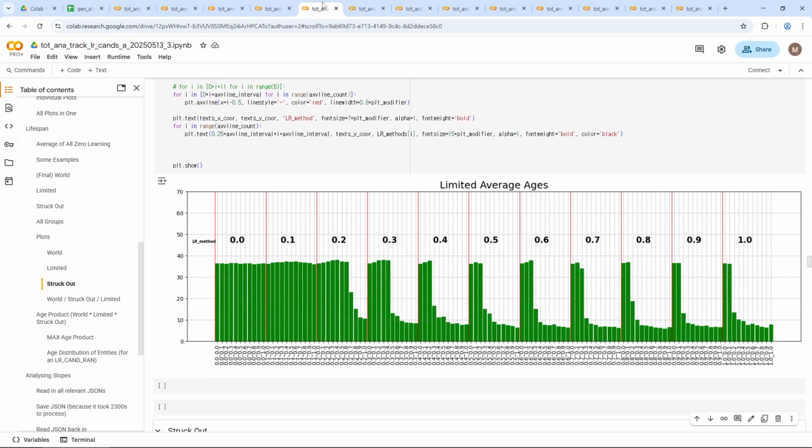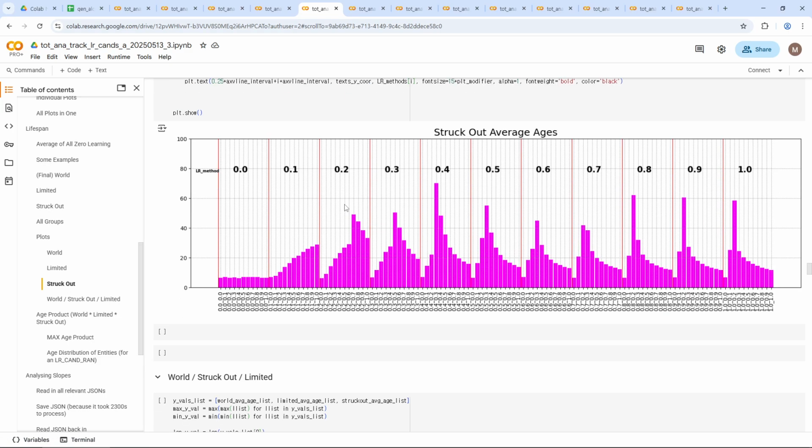Not necessarily, no. It seems that having the candidate method set to exponential head has increased the average lifespans for the limited entities. Let's see if that's the same for struck out entities as well.